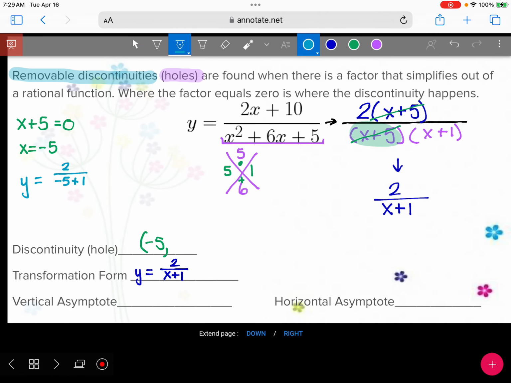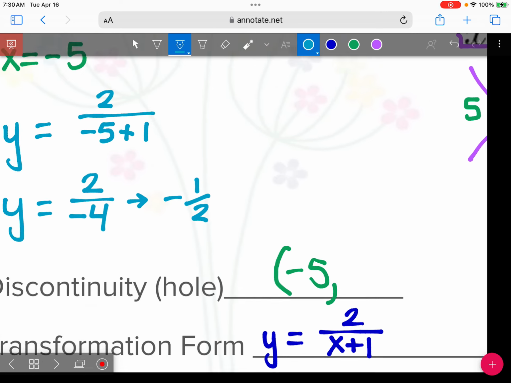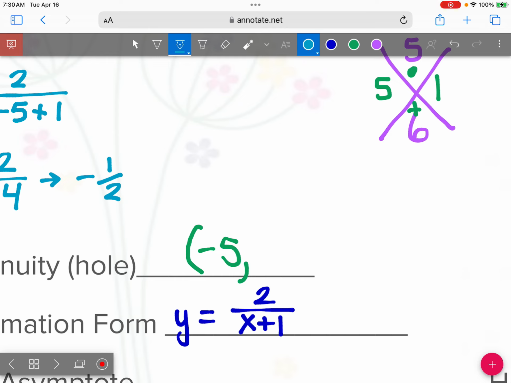And then we're going to simplify that. Y equals 2 over negative 5 plus 1, which is negative 4. And 2 over negative 4 is the same thing as negative 1/2. So we are going to have a discontinuity at the point (negative 5, negative 1/2). So if it cancels out, we're finding an ordered pair.